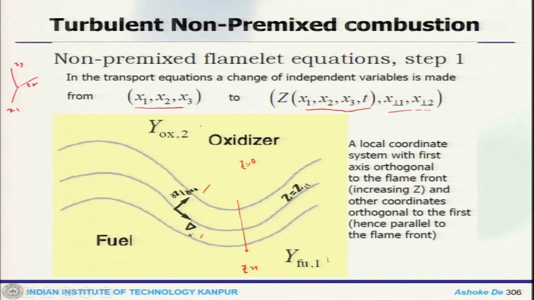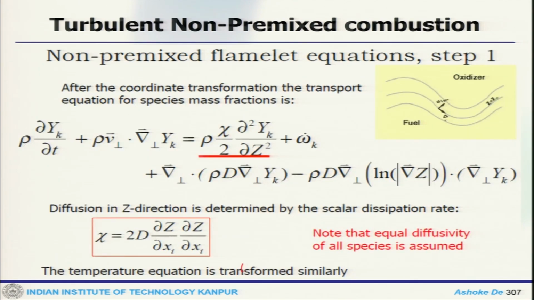So these are the 2 coordinate systems that we define. That means we have a global or Eulerian coordinate system. From there we go to this local coordinate system in the flame front, and that is why we keep on emphasizing this is the flame normal kind of analysis. That means there is a transformation which takes place. This is the local coordinate system which has been defined along the flame surface.